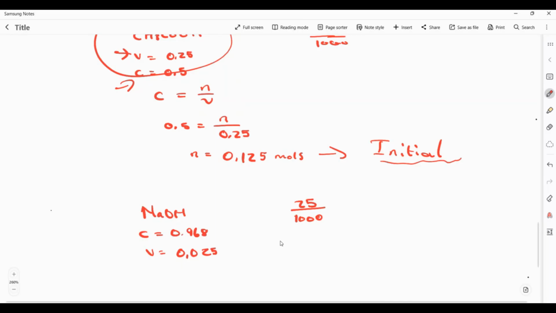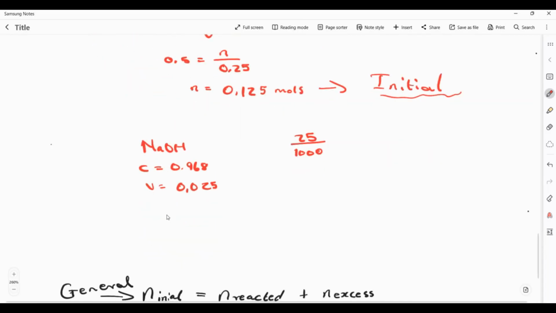Okay, thank you. So you still want to find the number of moles. I'm going to say C is equal to n over the volume. What is your concentration? 0.968. What is your number of moles? You don't know. What is your volume? 0.025. And then you find the number of moles.